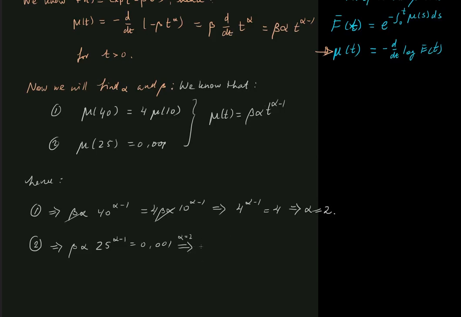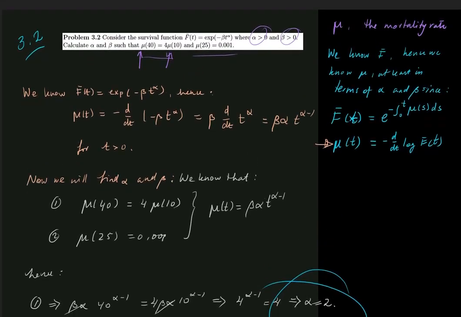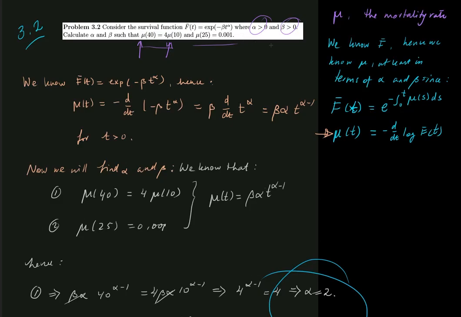And that gives me beta times 2 times 25 to the first, so that's beta times 50, is equal to 0.001. And that gives me that beta is equal to 0.001 divided by 50. So all in all, I have found out what beta and alpha should be for the above assumptions of the mortality rate to hold true.